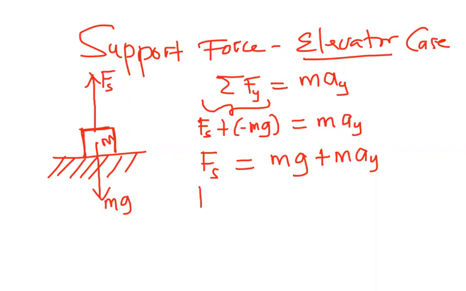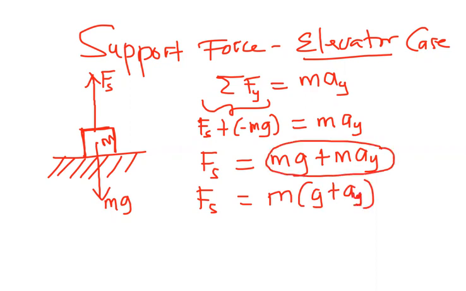Then the support force will be equal to, I'll take out M, and then open bracket, G plus Ay. So I'm trying to rewrite this so that M is out of the equation and G and Ay remain inside. Just factorizing, I should say. That's factorization. This tells me that the support force depends on the acceleration.